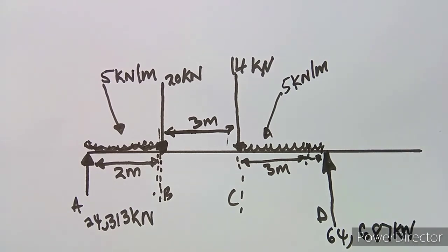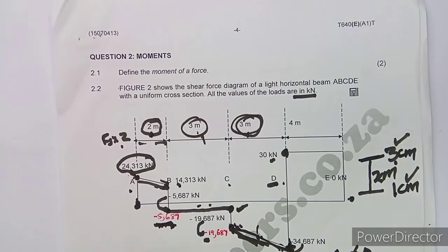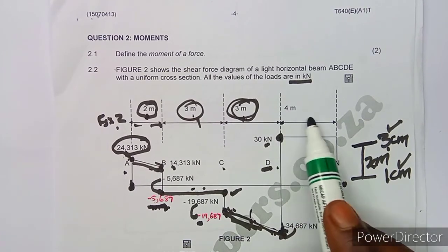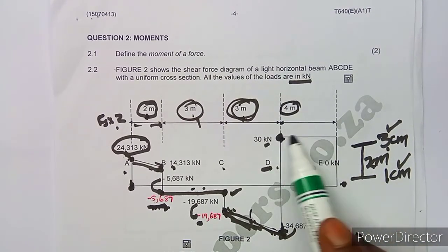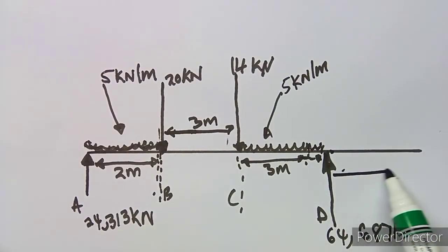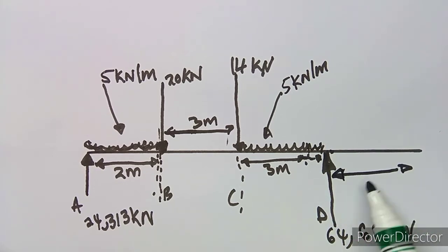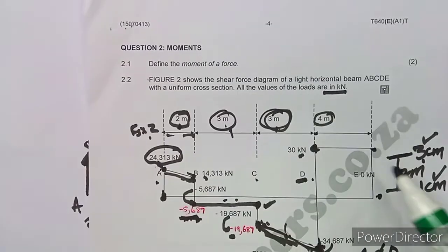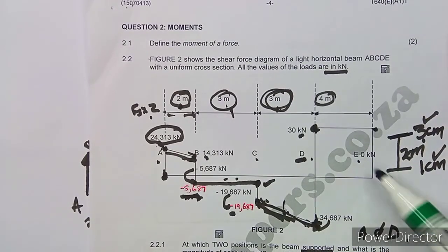All right, then I move on to another one, which is after this D. As you can see, we moved a distance of 4 meters from this point up to this point. In between, this point at E is 0.